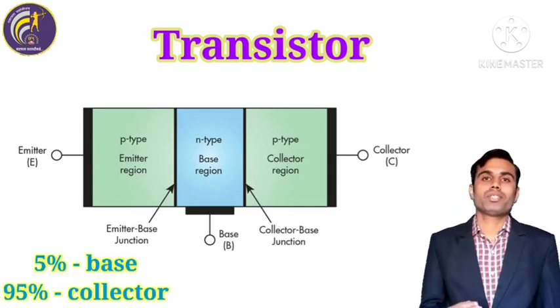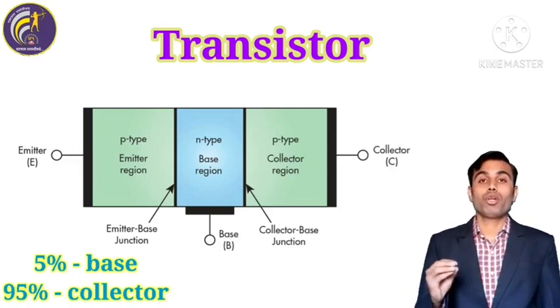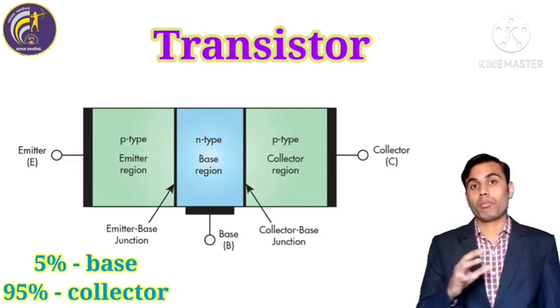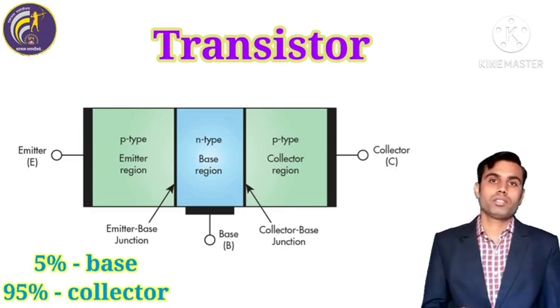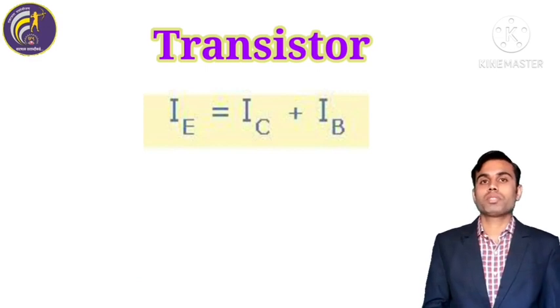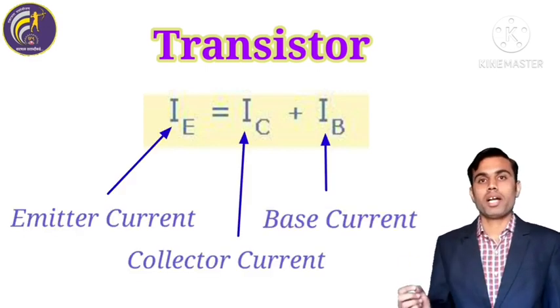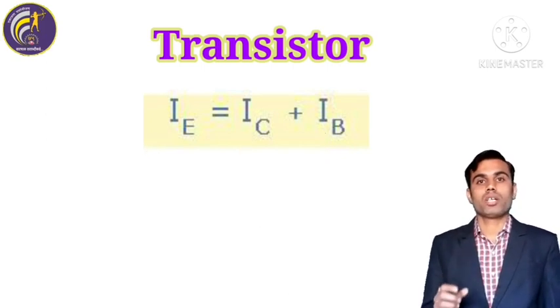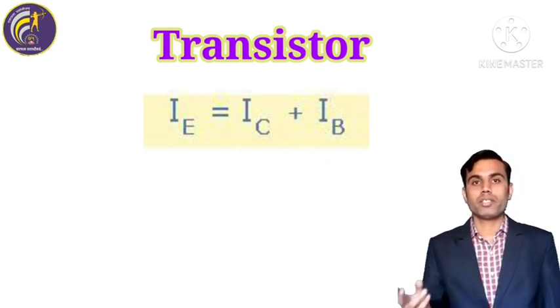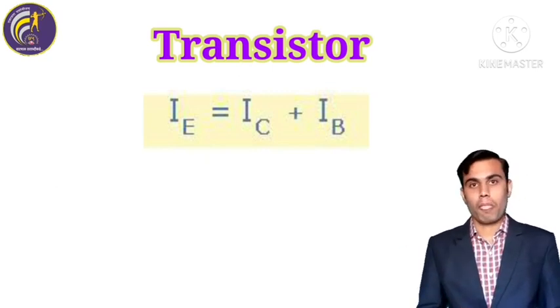About 5% of current is gained by base and about 95% of current coming from emitter will go to collector. So based on this, the current equation for transistor becomes IE is equal to IB plus IC. So current in emitter is distributed into current in base and current in collector.